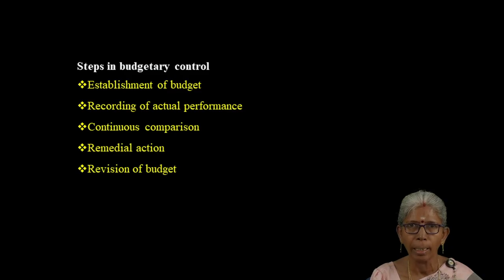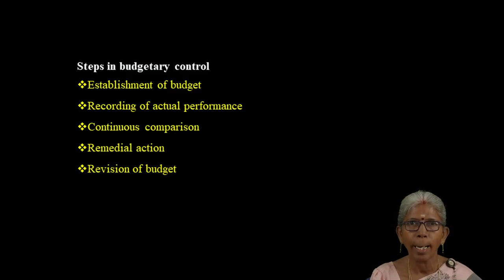Continuous comparison. Comparison means we have to compare the budget and the actual and find out the deviation or the difference. Here the budgeted production is 1000 units. Actual production is 900 units. So the difference is 100 units. 1000 minus 900 is equal to 100 units, which is the deviation.